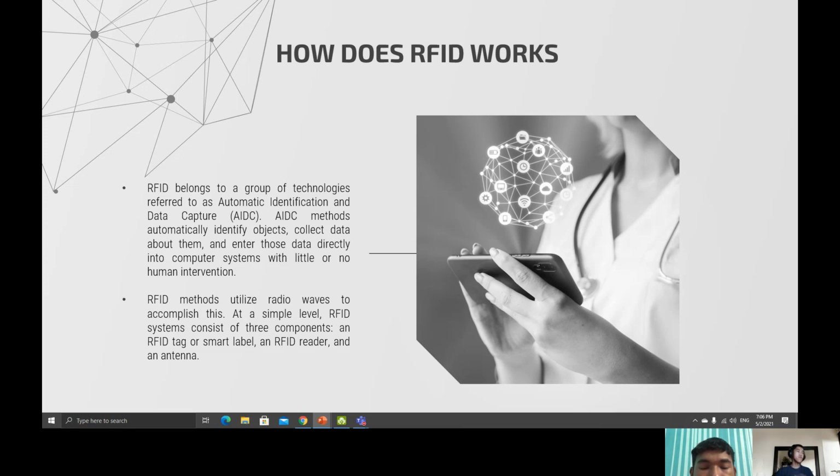RFID methods utilize radio waves to accomplish this. At a simple level, an RFID system consists of three components: an RFID tag or smart label, an RFID reader, and an antenna.